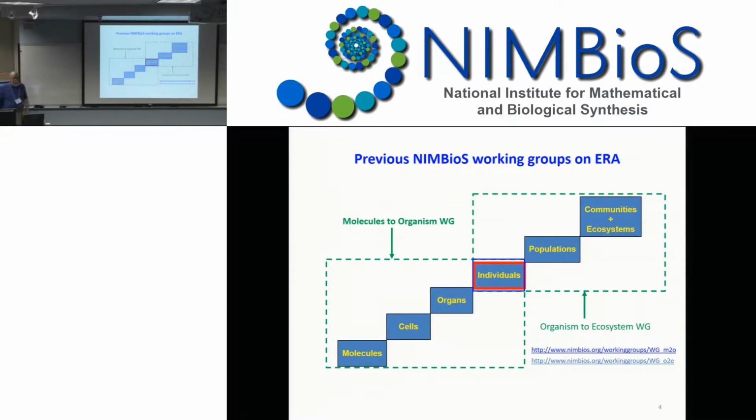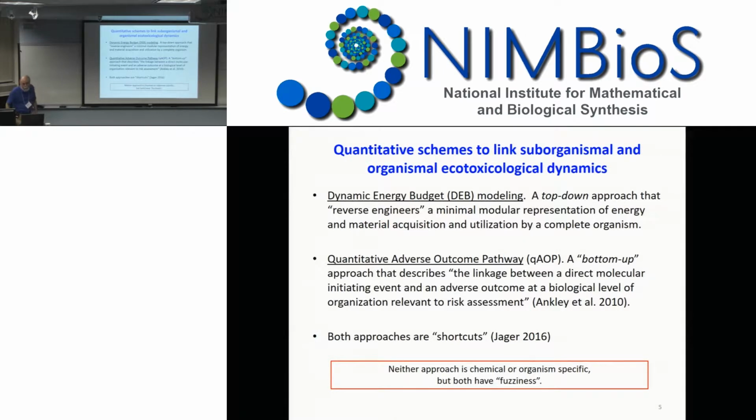This was focused on suborganismal processes, and a second working group led by Valerie Forbes and Chris Solis looked at transitions from organism to ecosystem and even ecosystem service levels. And I've put the URLs for these on the slide, but if you just go to the Nimbus webpage, you'll find the descriptions of these groups fairly painlessly.